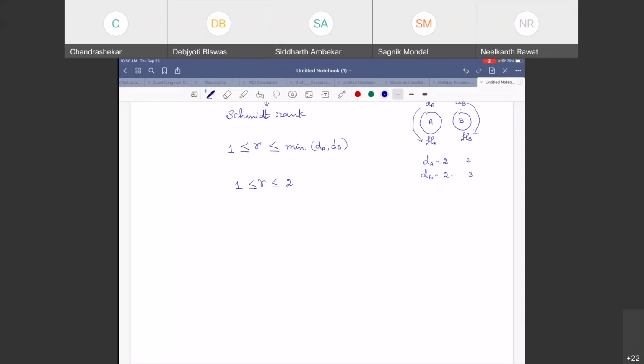If the Schmidt rank is 1, then the system is not entangled. But if the Schmidt rank is greater than 1, the system is entangled.